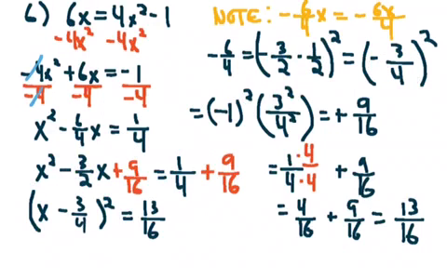And now it's factored. So let me just rewrite this on the next slide to give us a little more room to work with this expression. So we've got x minus 3 over 4 squared is equal to 13 over 16.